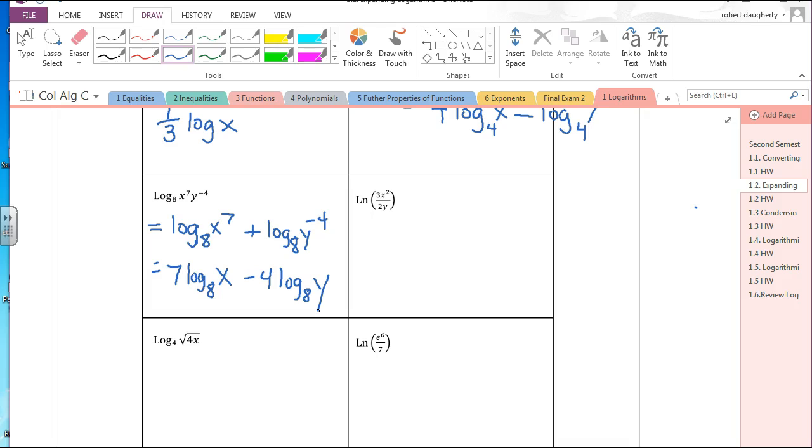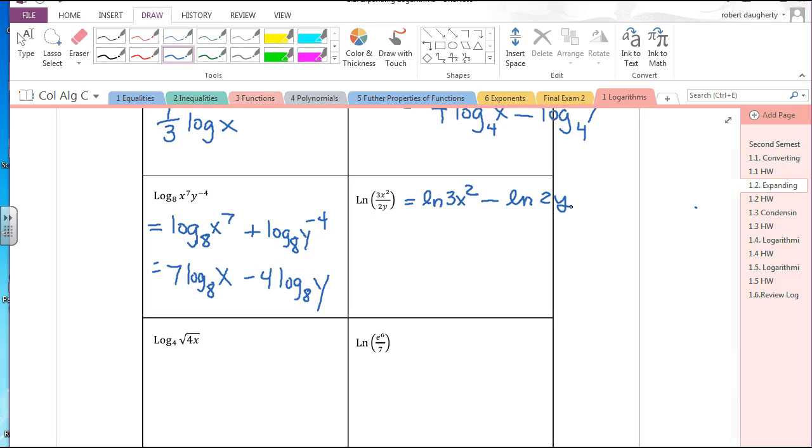So let's start with our quotient rule. So this is going to be the natural log of 3x squared, what? Minus what? Yeah, the natural log of 2y.